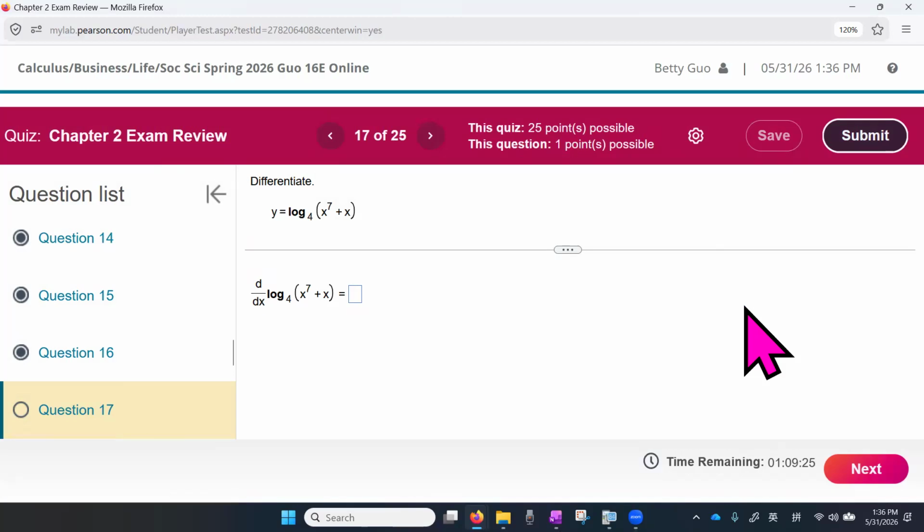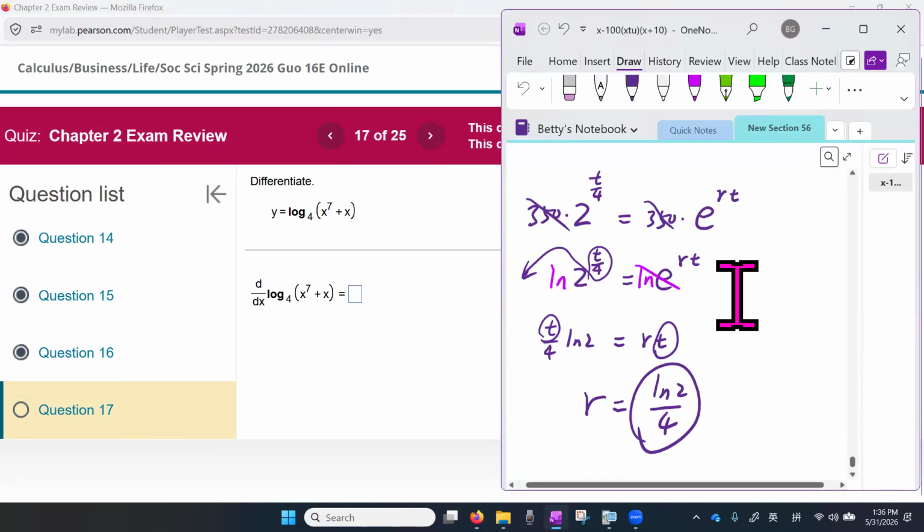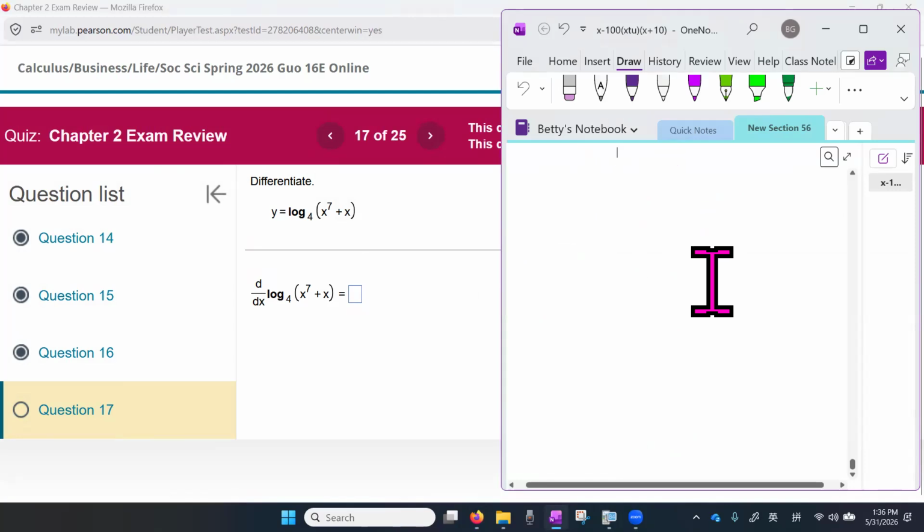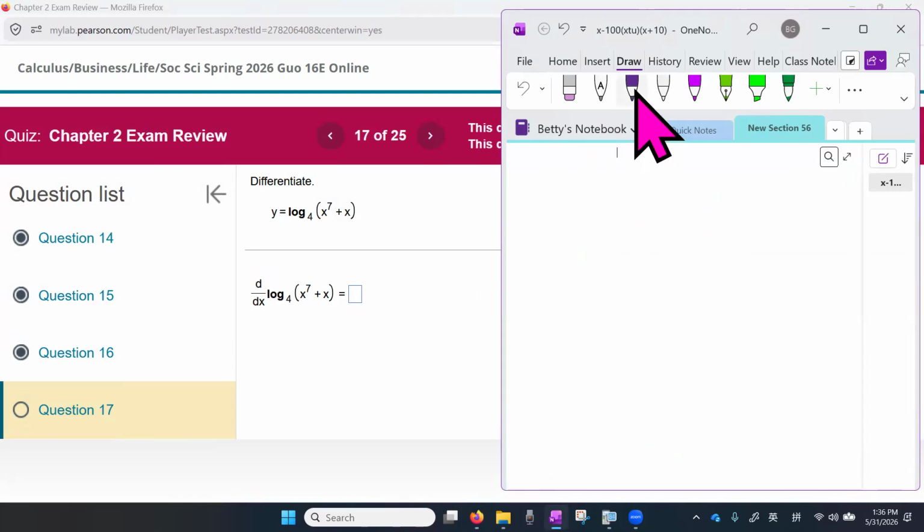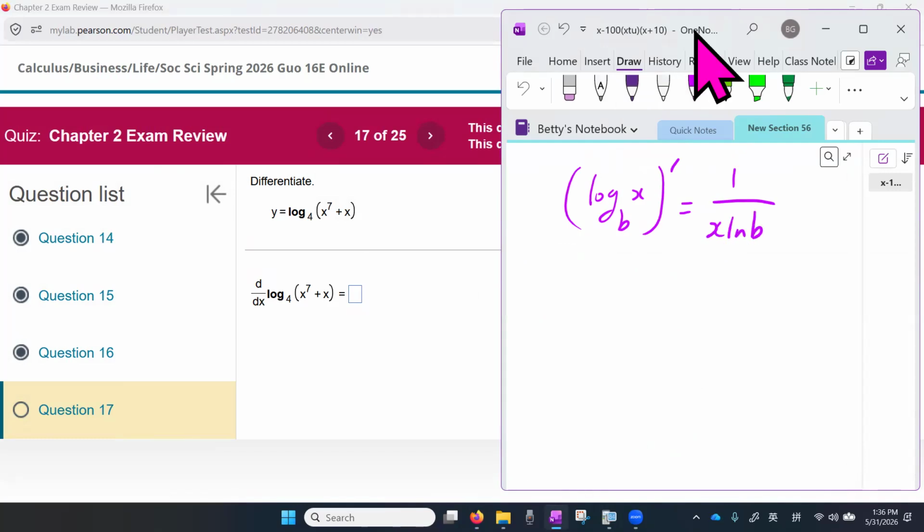Next, question number 17. Differentiate this function. So what if the base of the logarithmic function is not e? Formula: log with base b of x. This is the formula. The derivative of a log function with base b is 1 over x ln b.